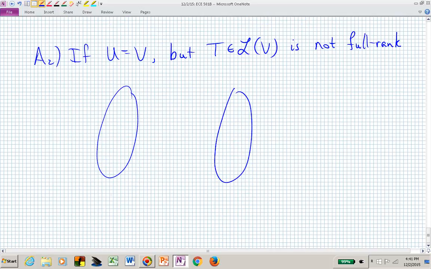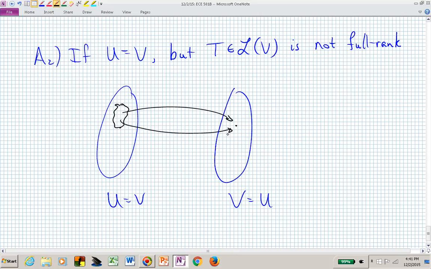We're now assuming that U and V are the same, so just remember that those are the same, so I'm really mapping back into itself, but now I might have, for example, all of these vectors might actually map to the same point. I may have a non-trivial null space.